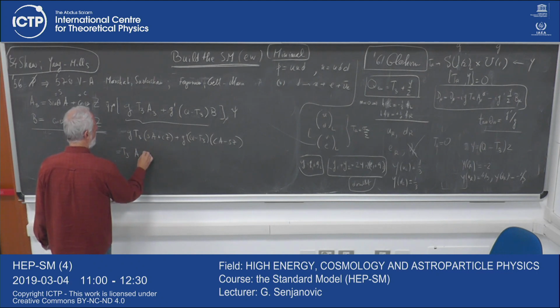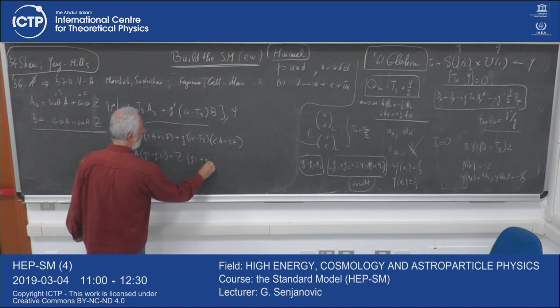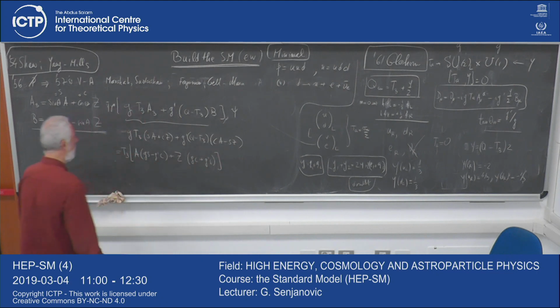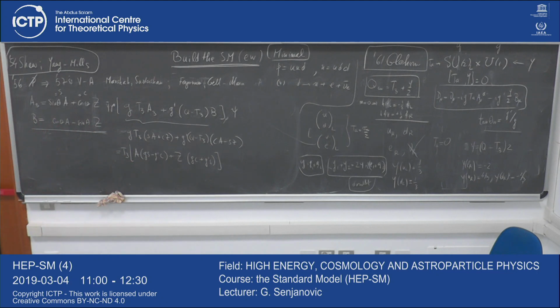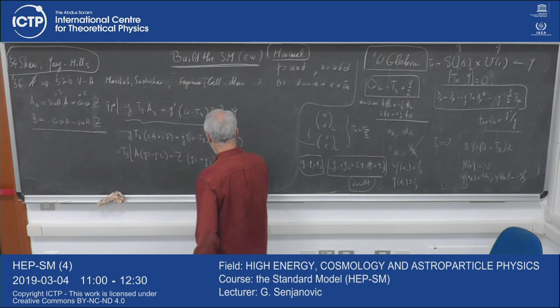A will go with g S minus g prime C, plus Z with g C plus g prime S. This is the T3 piece. Please check me. I think I'm going okay now.